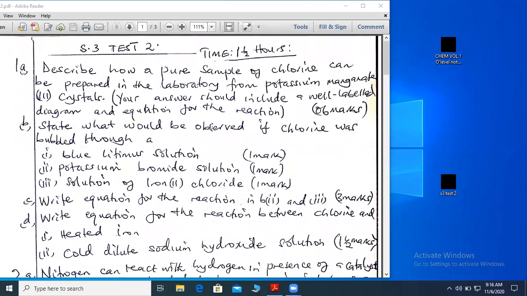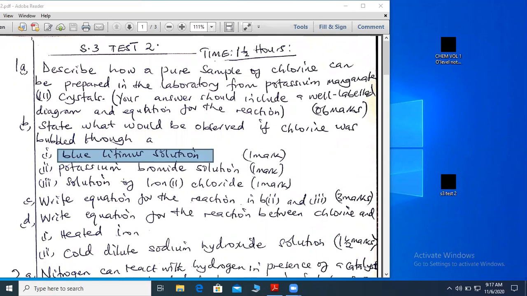State what would be observed if chlorine was bubbled through a blue litmus solution. So there is no difference between a blue litmus paper and a blue litmus solution. So a blue litmus solution, when chlorine is bubbled through, who can tell me the answer?